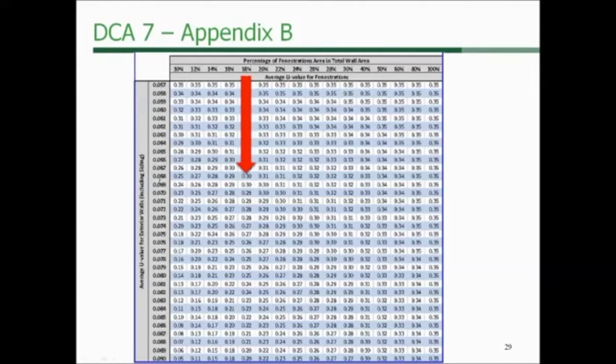We go down until we reach the wall we want, which in this case is 0.068, and we go across. And again, we need a 0.3 window. So you just go down and across. It's basically the same reading, just going the opposite direction.